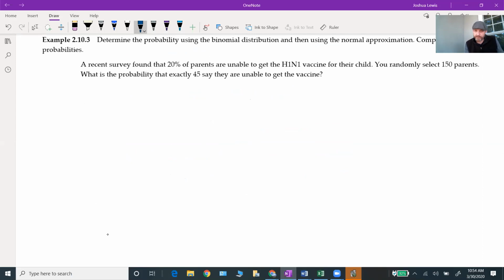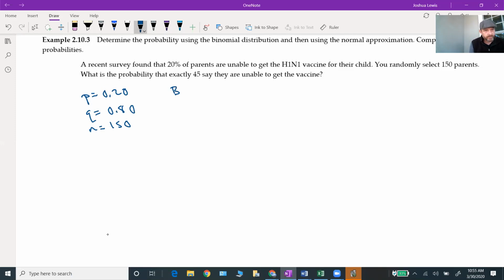Can we even use the normal approximation? My p is 0.20, my q is 0.80, and my n is 150. Are 20% and 80% respectively of 150 larger than 5? Yes, so we're good.